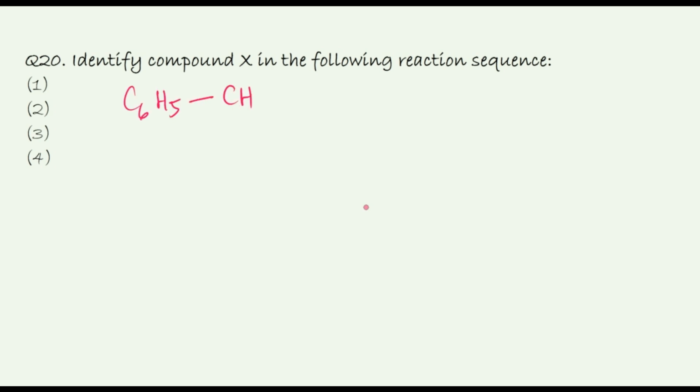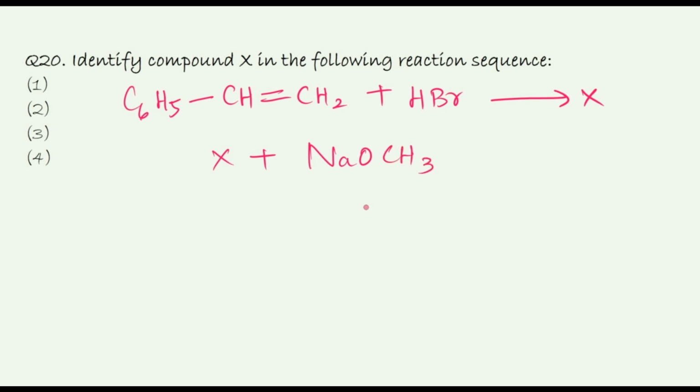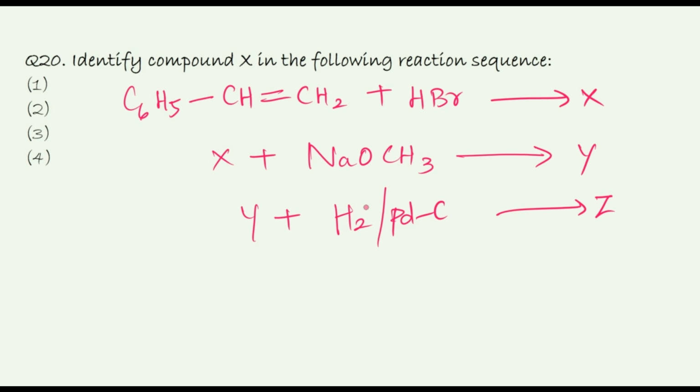C6H5CH=CH2 with one equivalent of HBr is giving us X, and X plus excess NaOCH3 is giving us Y, and Y plus hydrogen with palladium on carbon is giving us Z. So we have to find Z from this reaction.